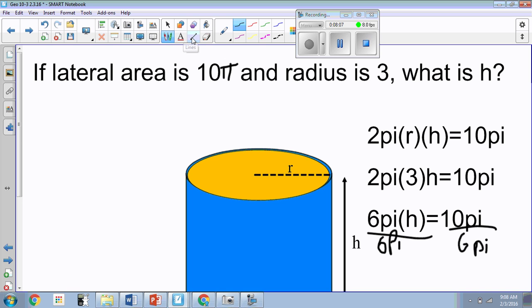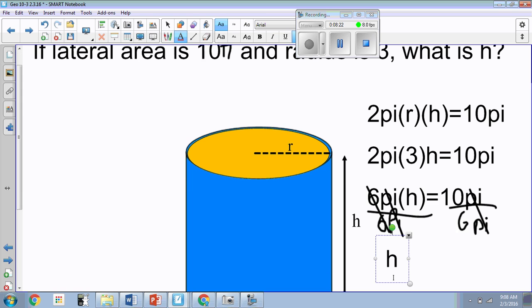Your pi's cancel here, so you can just cancel them right out. H equals 10/6, which you could simplify down into 5/3.